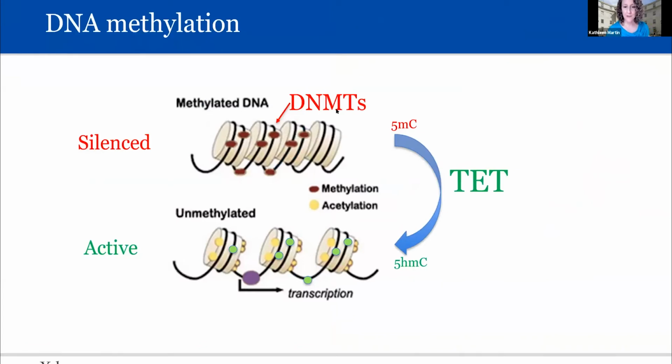So DNA methyltransferases have long been known to methylate DNA and promote this compacted silenced conformation, but the TET family of enzymes were recently shown to demethylate DNA. They oxidize this methyl group into 5-hmC, and this mark is characteristic of open and accessible active chromatin.